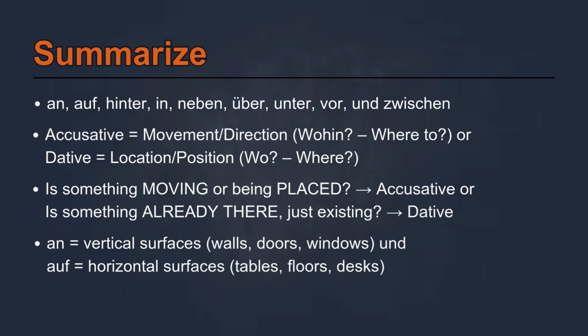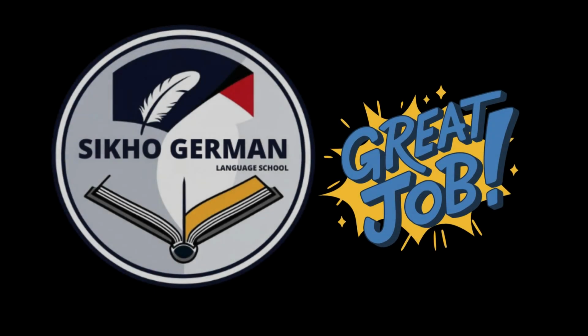Fourth, special cases. An equals vertical surfaces, walls, doors, and windows. Auf equals horizontal surfaces, tables, floors, and desks. The key is practice. Think about whether something is moving or staying still. Ask wohin or wo, and you'll always know which case to use. Outstanding work!